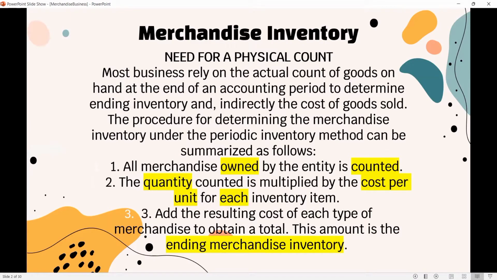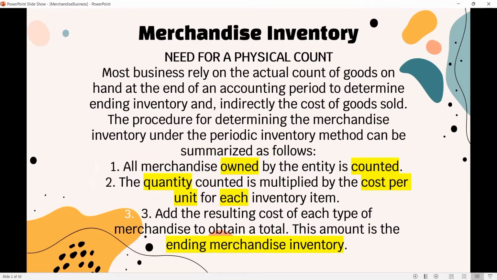So na-discuss nung isang araw na ang merchandise inventory is yung mga companies na bumibili ng finished goods tapos ibinebenta ulit sa mga customers. So, at the end of accounting period or every January 31, the companies need for a physical count.